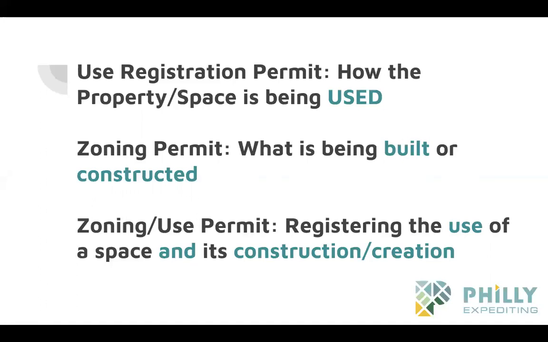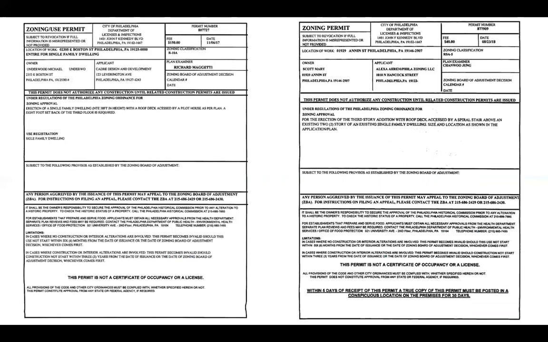Mhm. Okay. So I put 3 examples, one of each, so you can see how they're a little bit different. A zoning use permit: erection of a single-family dwelling with a roof deck accessed by a pilot house, that doesn't matter. And then a zoning permit for the erection of a 3rd-story addition with a roof deck. The fundamental difference between a zoning use permit and a zoning permit is that in the zoning use permit, this single-family house hasn't been built yet.